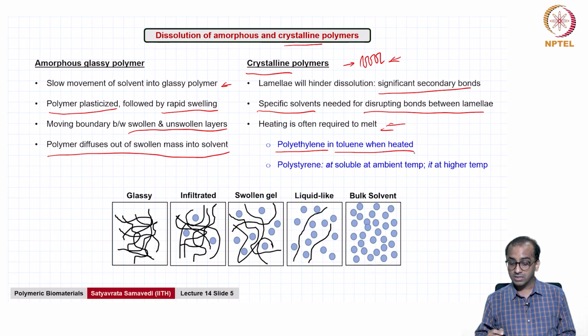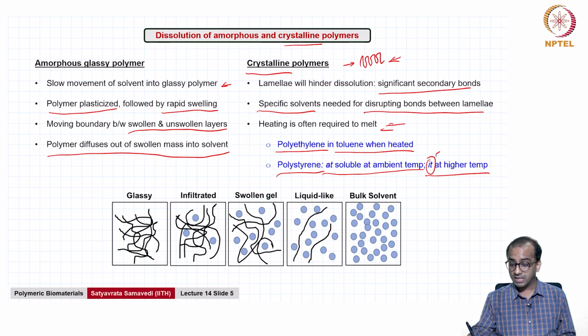And if you consider polystyrene, and if you're wondering, what if I have isotactic and atactic polystyrene? Atactic polystyrene may be soluble in a solvent at ambient temperature, but isotactic polystyrene will typically be soluble only at higher temperatures. It might not be very hard for you to see why that is the case.